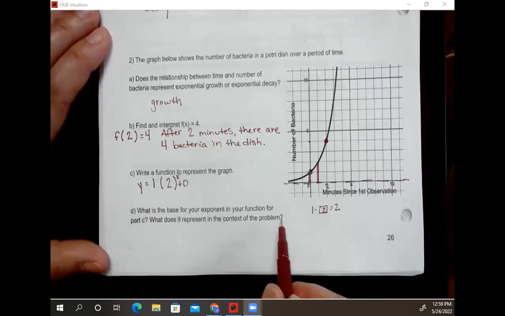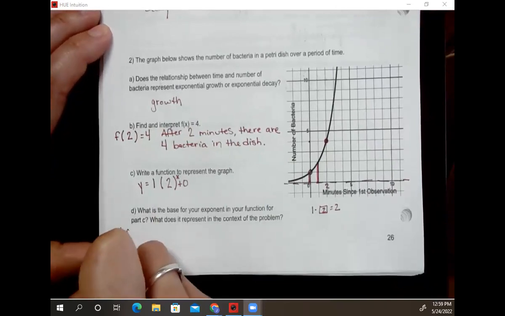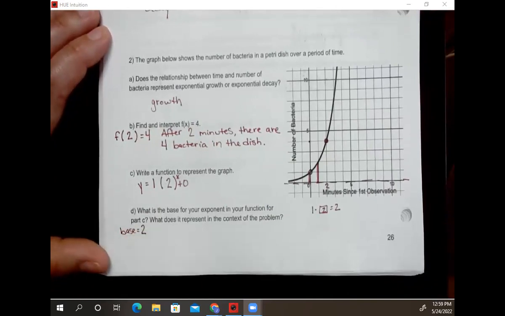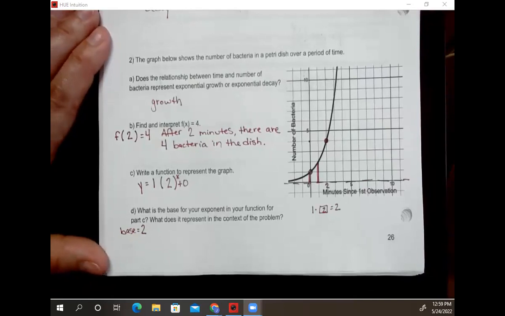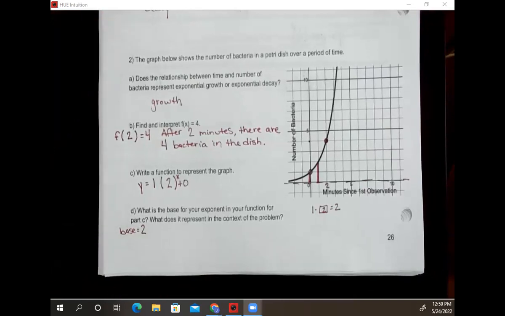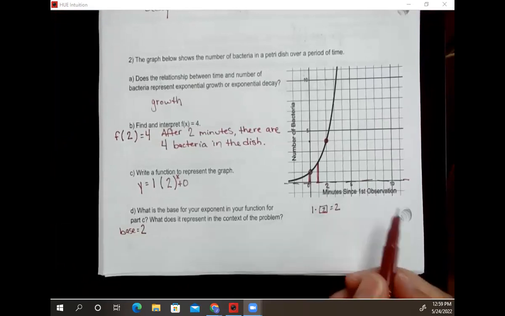So the base for the exponent in our function, that base we said is 2. What does that mean in the context of our problem? Our bacteria in the dish, what's happening with them? It's exponential growth. And that also tells me how much it's growing by. So we're growing by a factor of 2 here, or we're doubling the number of bacteria in the dish every minute.